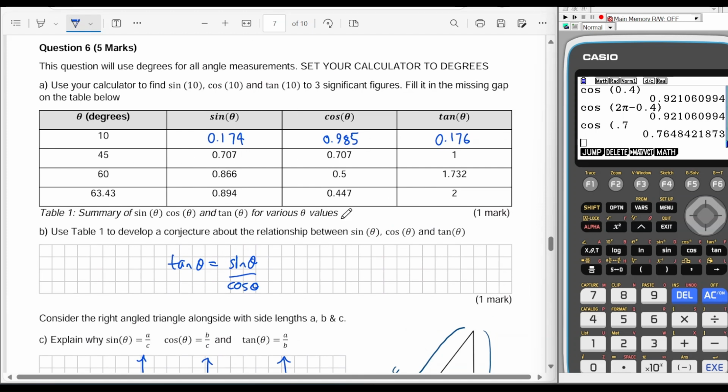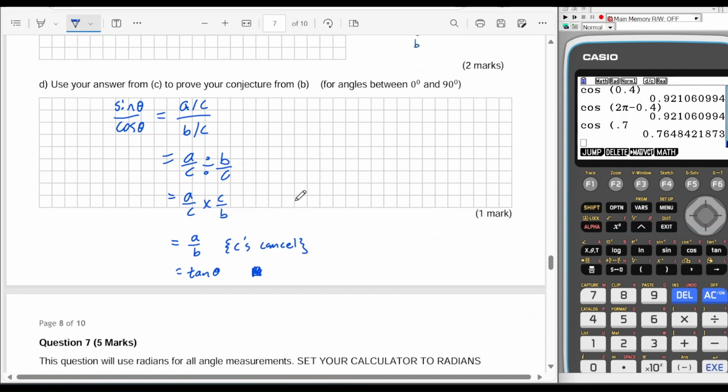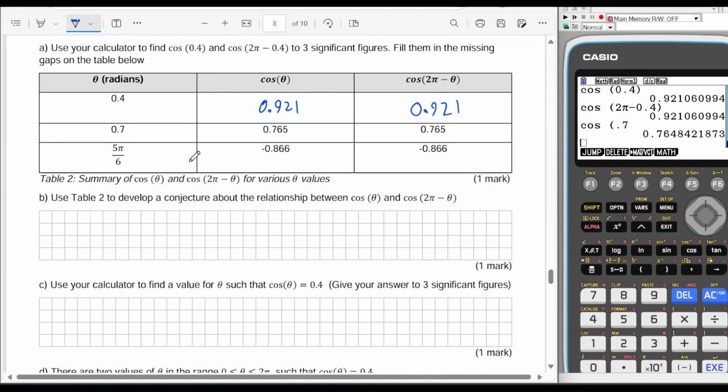If you weren't sure what I meant by filling the gaps, you could try, for this question, sine of 60 would give you 0.866 on the calculator. Use the data that's already there to make sure you're doing the question right. And for example, cos of 5 pi over 6, if we chuck this into a calculator, you get minus root 3 over 2.